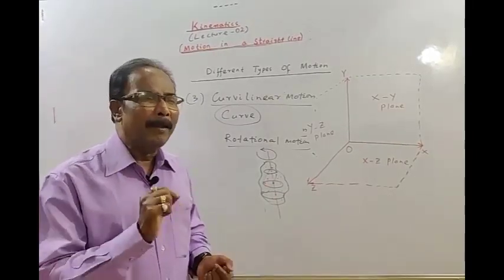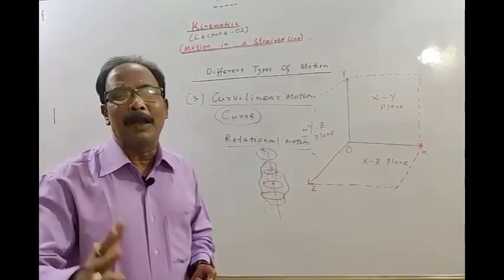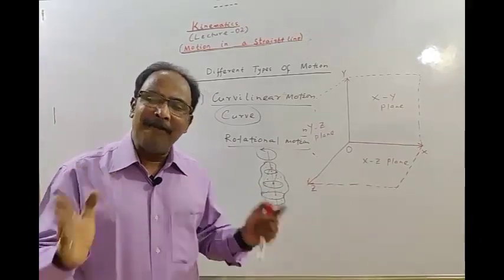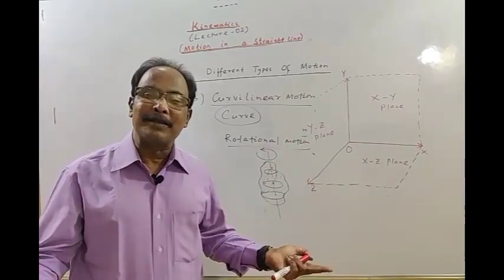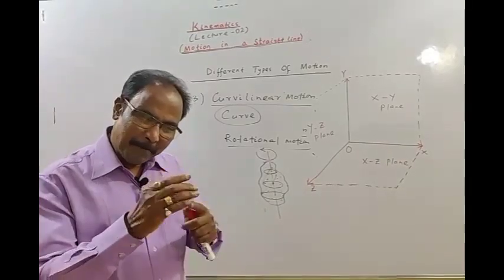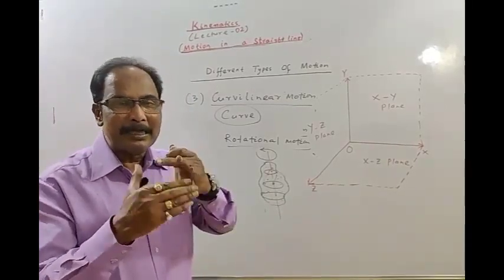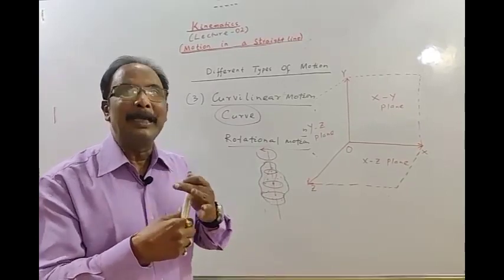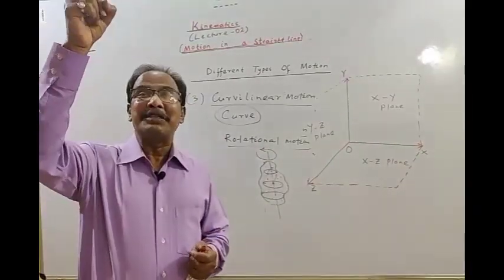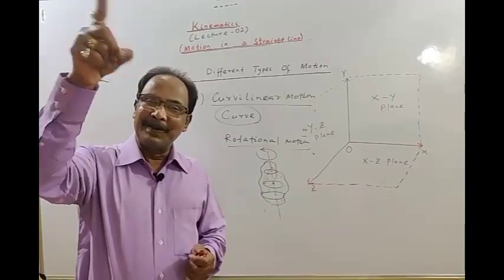Another thing about rotational motion: when a body is in rotational motion, the different particles travel different distances in the same interval of time. Motion of Earth around its own axis is an example of rotational motion. Another is the motion of a fan, whose blades execute rotational motion.